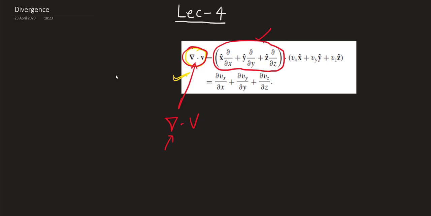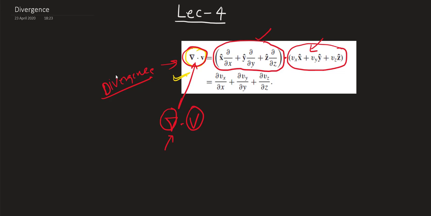Now when this operator acts upon a vector function, let us say this vector function is given by Vx x cap, Vy y cap, and Vz z cap. Vx, Vy, and Vz are simply the x, y, z components. When you take the dot product of these, or when you apply this operator on a vector function, then we call this operation divergence.